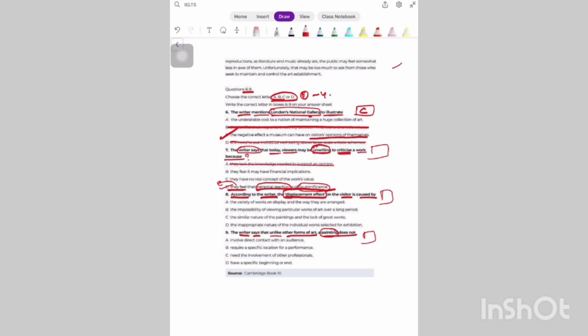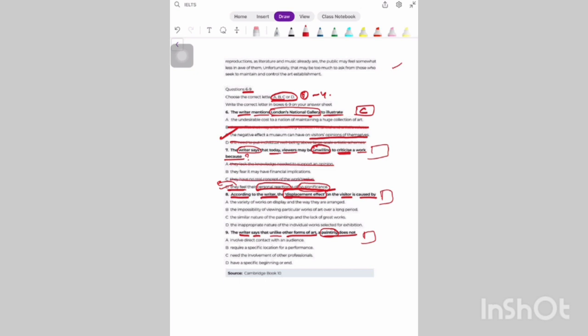If I give you a bag that is worth 250 rupees and a Louis Vuitton bag worth thousands or lakhs, you won't be able to criticize the bag, because in your mind a perception would be made that if this bag is worth so much, then it must have something. How can I criticize it? Where do I stand to criticize such a costly object? So they feel that their personal reaction is of no significance. So they do not have a real concept of the work's value.